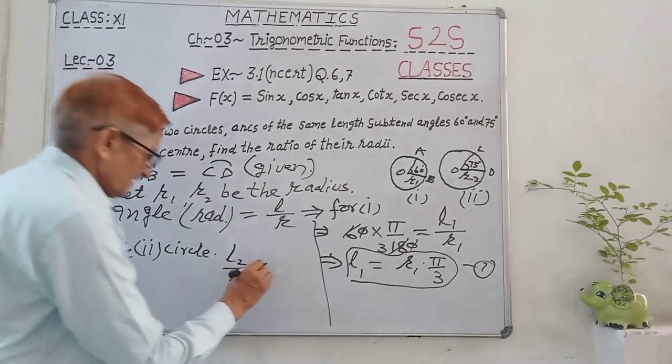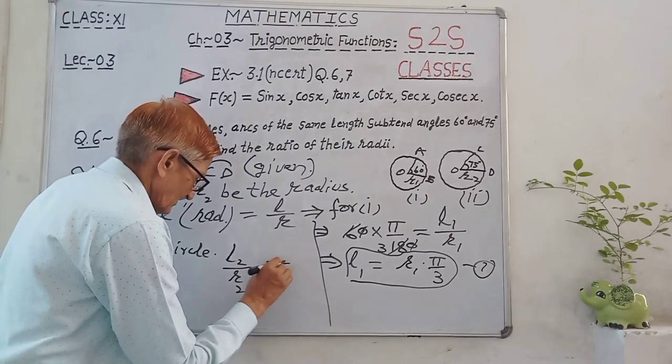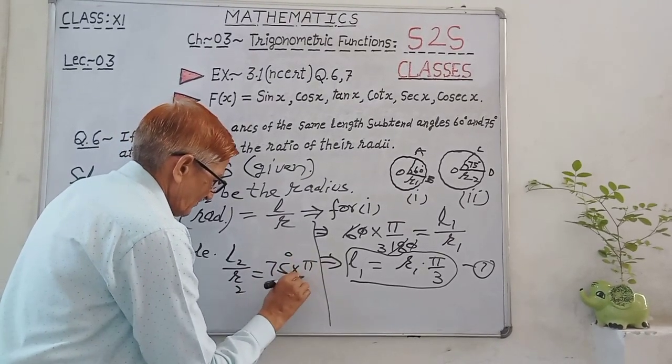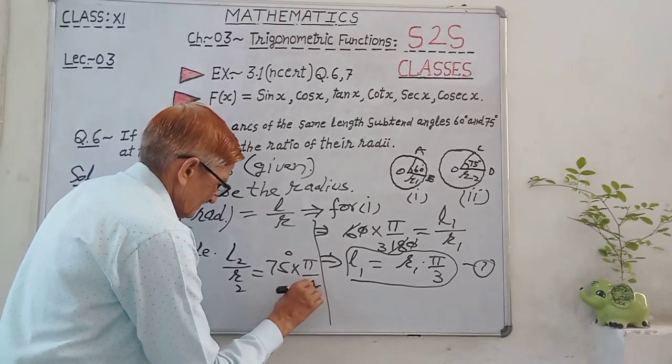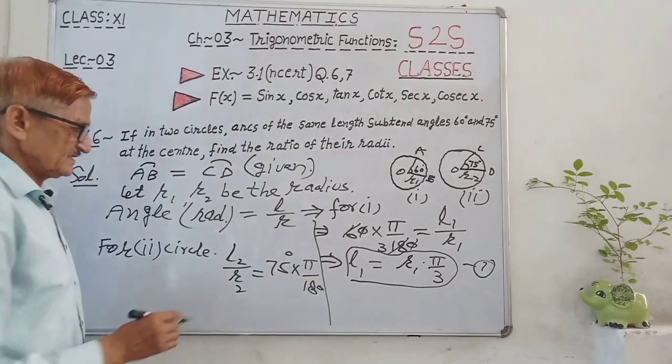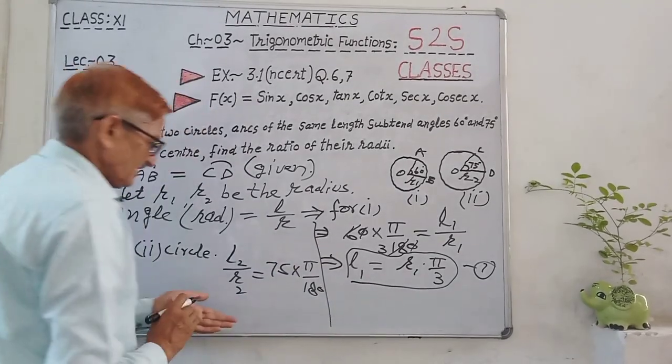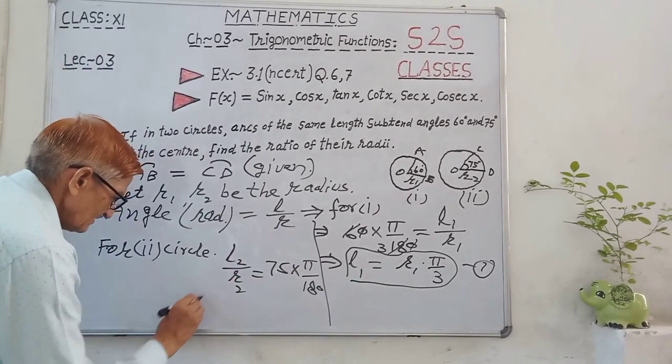Angle is 75 degree. Then 75 degree convert into radian, pi upon 180. Then it is in radian now. Then simplify. R2 will go that side.